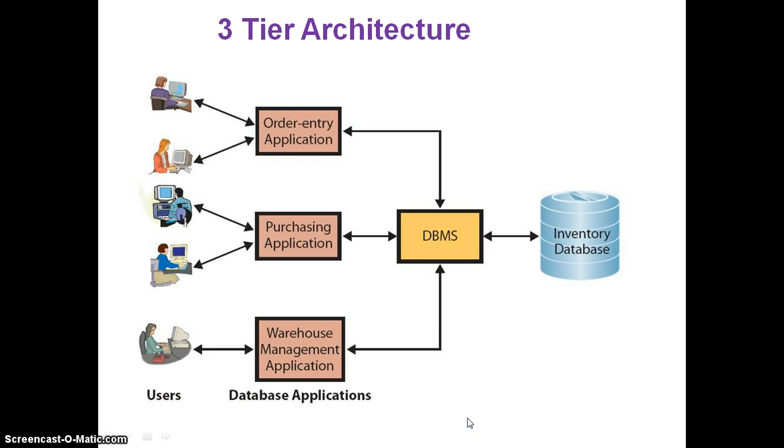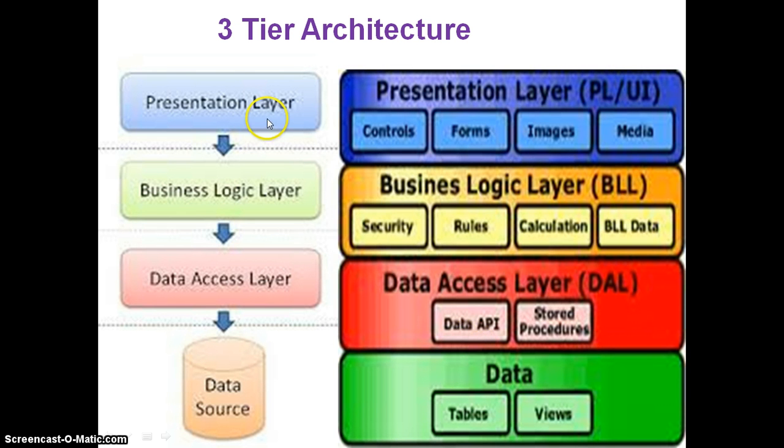As we have seen in DBMS, this is a three-tier architecture. Another representation of the same thing: a presentation layer, a business logic layer, and a data access layer, and then we store the database. In the presentation layer we come across forms, images, or any media. Forms, where the GUI happens, are the presentation layer. In the business layer, mainly the calculations are done, like the interest of an FD account or any such calculation, and rules and regulations are treated in the business logic layer.